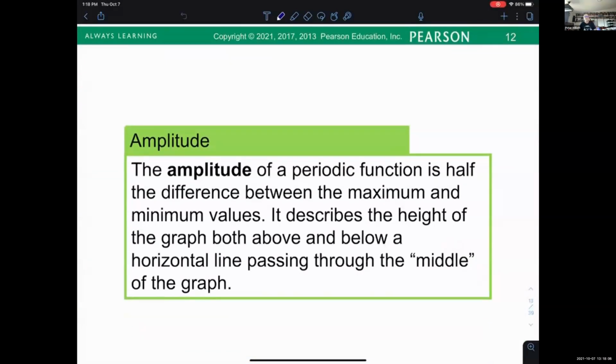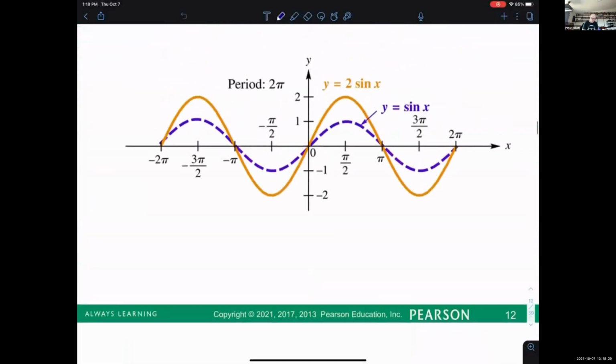The amplitude of a periodic function is half the difference between the maximum and the minimum values. It describes the height of the graph both above and below a horizontal line passing through the middle of the graph.